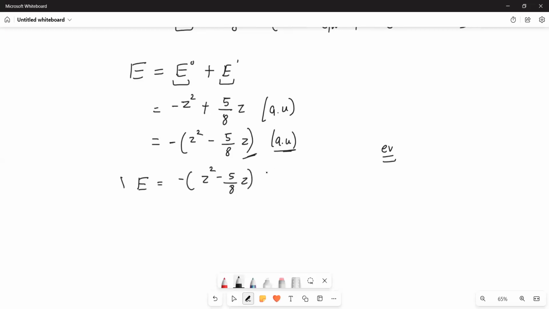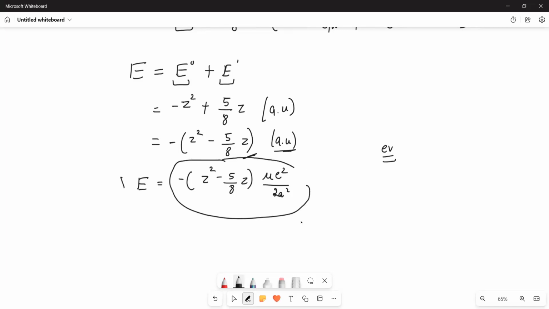If we remove the atomic units, then the energy would be equal to 2a naught square. By substituting these values, we can get the value of energy for two electrons.